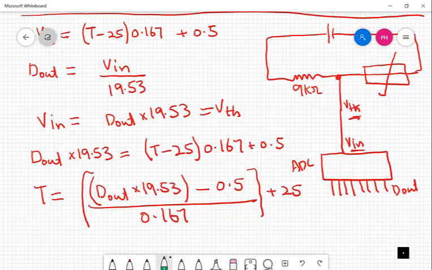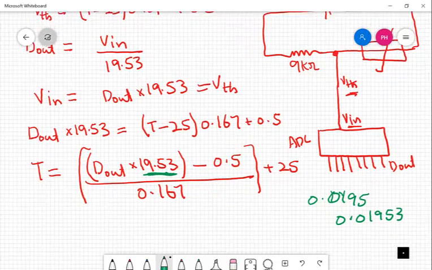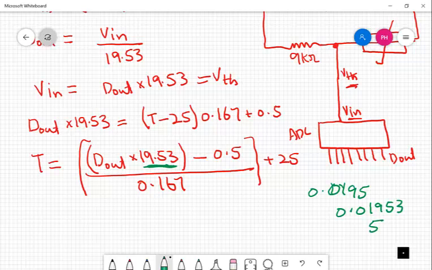I think I have made a small mistake in these calculations. It should not be 19.53 here, it should be 0.0195, because everything else is in volts and only this is in millivolts. If you remember, the step size came out to be 0.01953, equal to 5 divided by 256.